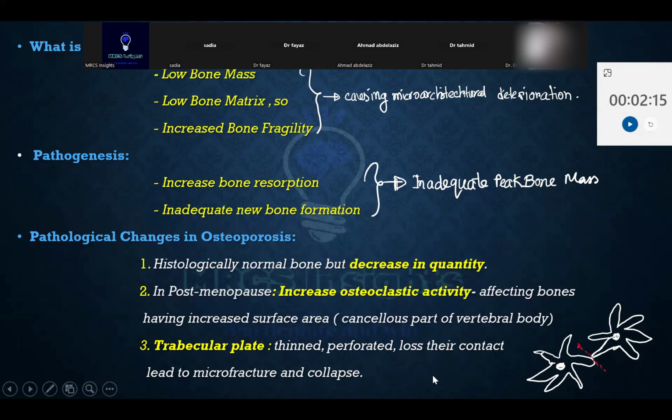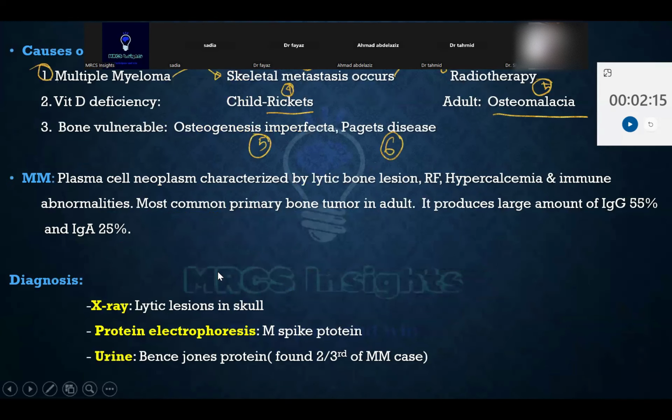Next. What are the causes of pathological fracture? There are 6 causes and you have to tell all 6. Try to remember like this: the patient has multiple myeloma, and then what happened? Skeletal metastasis. And for the skeletal metastasis, you give the patient radiotherapy.